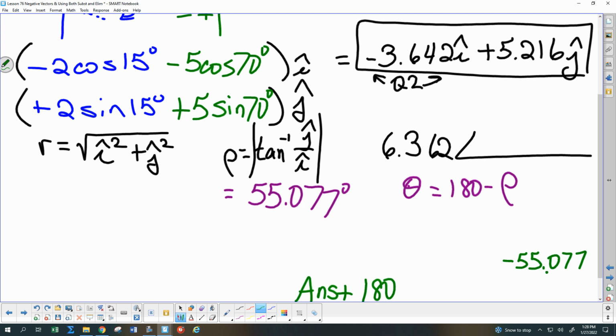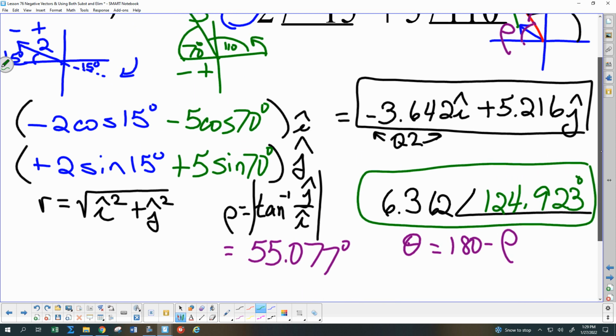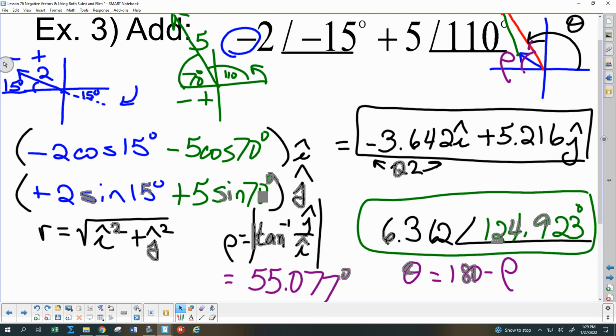So you have negative 55.077 plus 180. You see how that's going to give you theta? And Addie, do you already have that on your calculator for what that final answer would be? 124.923, is that what others have? And don't forget the degree sign, and that would be your other final answer. So not that calculator work, but the rest of that would be what I would be looking for on your homework papers.